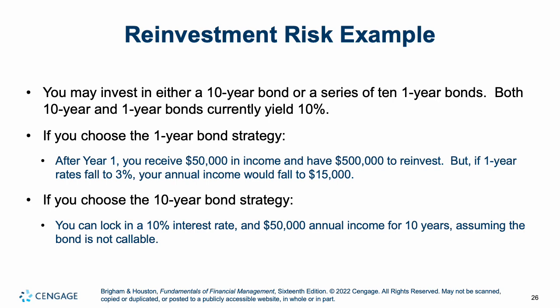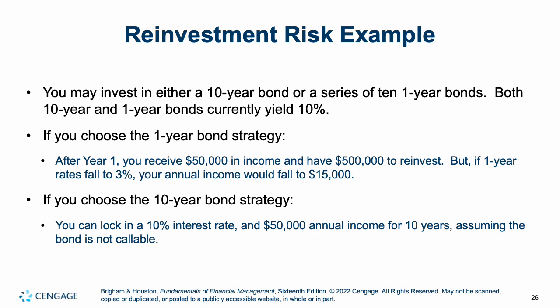You see this all the time with bonds and other types of investments. Certificates of deposit, CDs are like this as well. The longer term ones are more stable, but the shorter term ones may pay a higher interest rate to make up for the fact that they're more volatile. So in this case, if you had a choice and the rates were the same, if this was your strategy and you wanted to live off $50,000 a year, you'd be much better off with the 10-year one because you would eliminate that reinvestment risk.